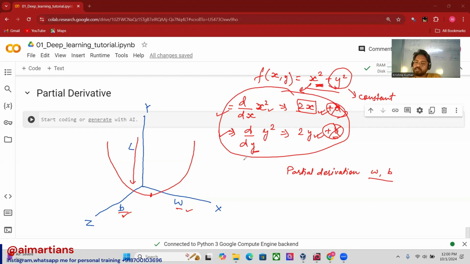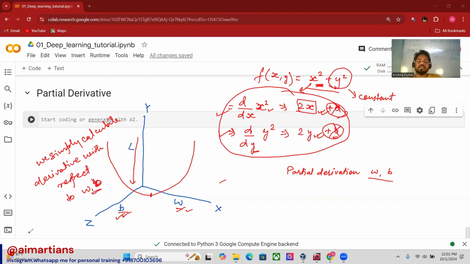Similarly, we have two parameters, so we simply calculate the derivative with respect to w and b in the expression y = wx + b.